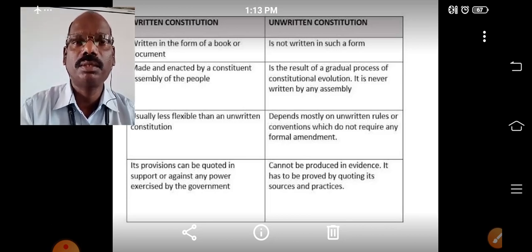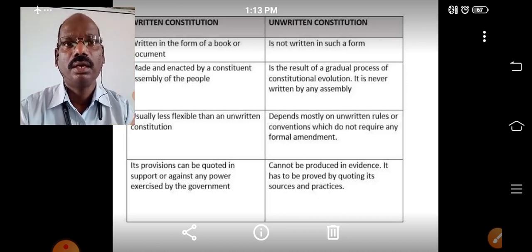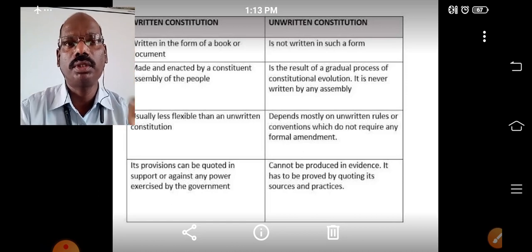These are some of the differences, or features, of a written constitution and an unwritten constitution. What are they? The written constitution is in the form of a book or document, making a change is not easy, and the constitution is drafted by a constituent assembly.